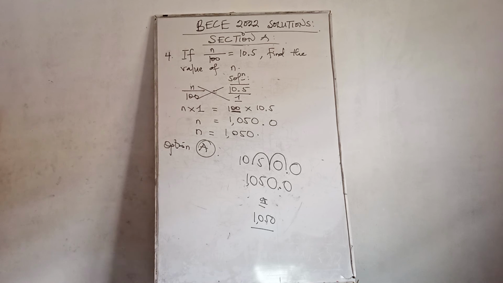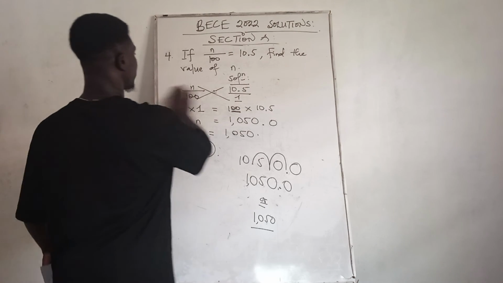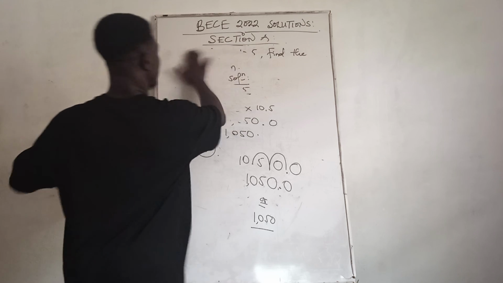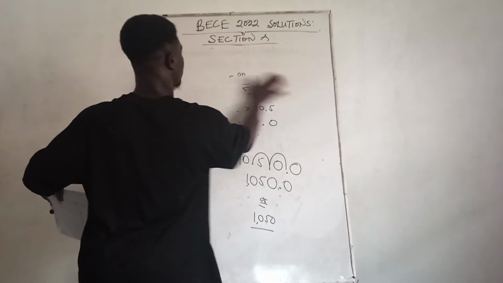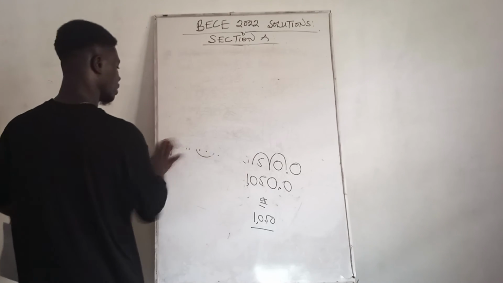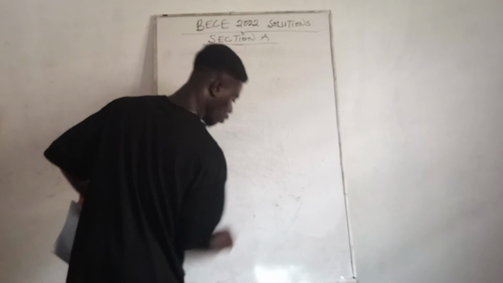All right, our last question, then we end our tutorials, our first 5 questions here. So question 5, they give us a percentage question here. That's under profit and loss.